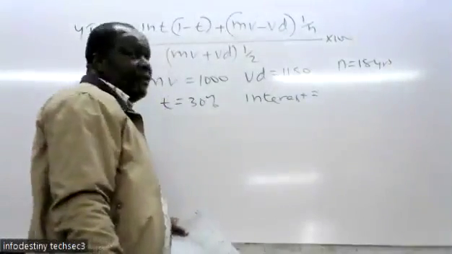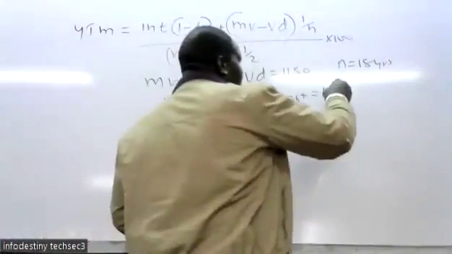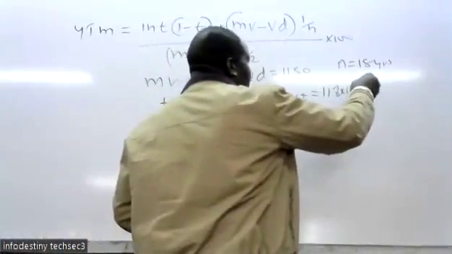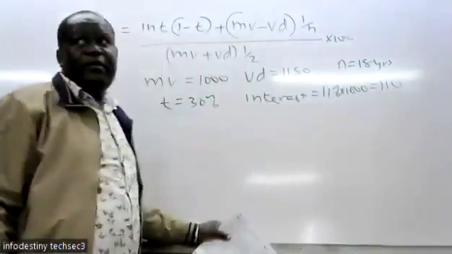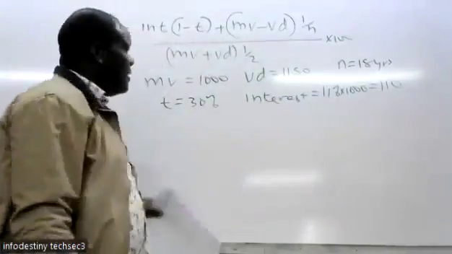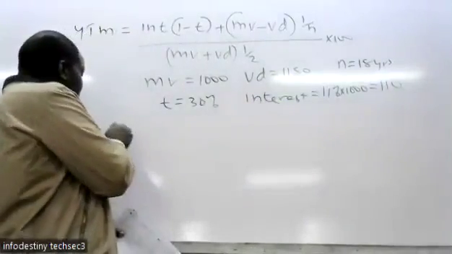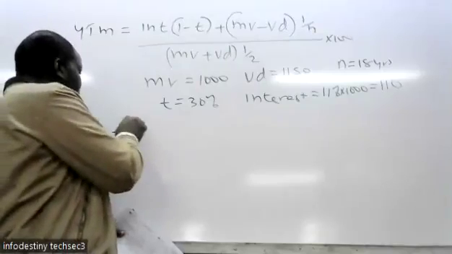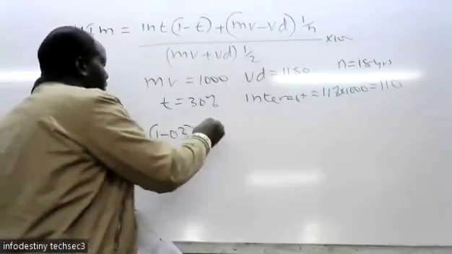So the only item is interest, which we had also already calculated. Remember the 11% of the 1,000. It had given us 110. So from there, we can now compute our yield to maturity. So interest will be 110 times 1 minus 0.3.